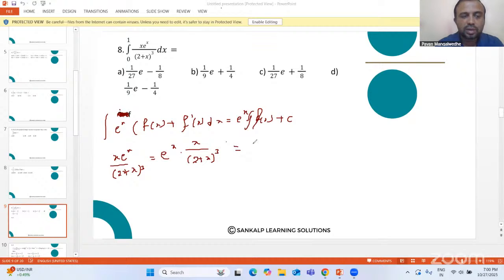Which can be written as e raised to x into (2 plus x minus 2), it is the same value as x, upon (2 plus x) the whole cube.